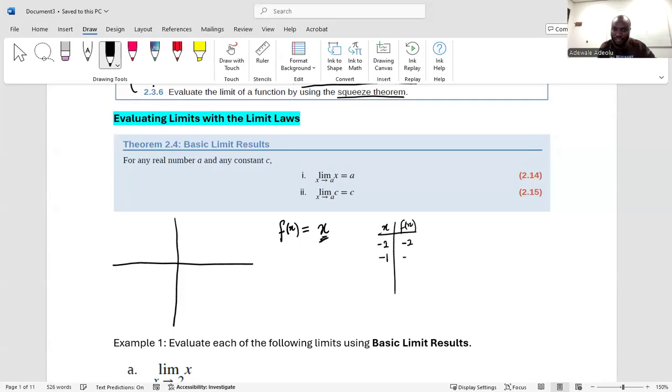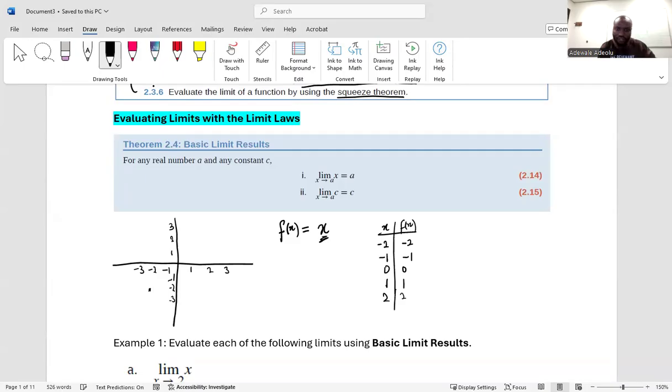If it is -1, it is -1. If it is 0, it is 0. If it is 1, it is 1. If it is 2, it is 2. And so on. So let's say this is 1, 2, 3, -1, -2, -3 on the axes. When x is -2, y is -2.